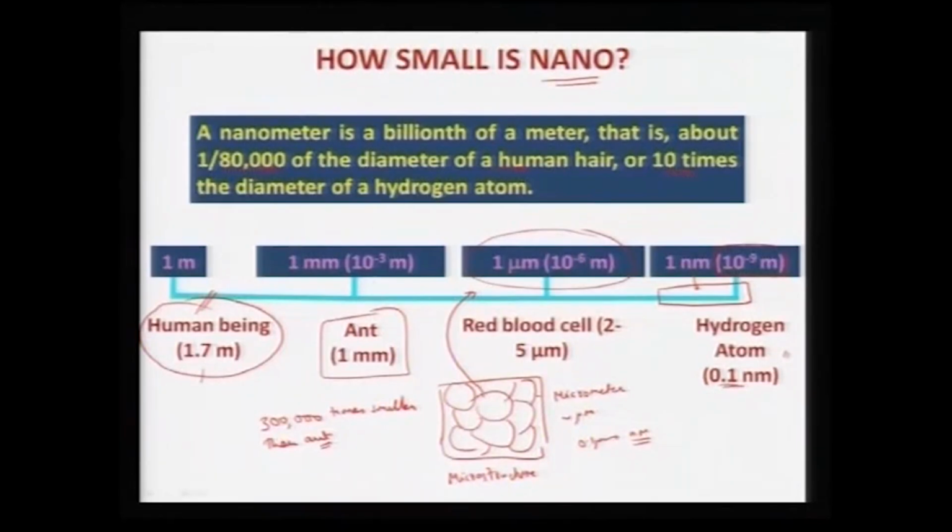An ant is approximately 10 power minus 3 meter, and going to nanometer, the ant is approximately 10 power 6 times bigger than a nanometer. So, that is the overall feel of this nano length scale.